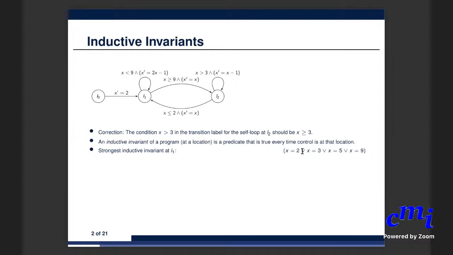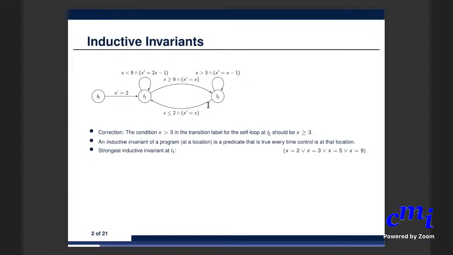In terms of predicate characterization, it is just OR. When you do an OR, it is like taking the union of the set of values represented by this disjunct as well as this one.